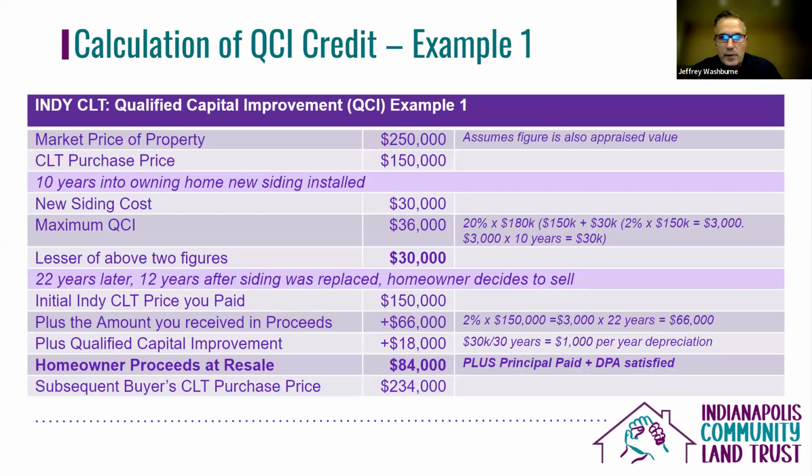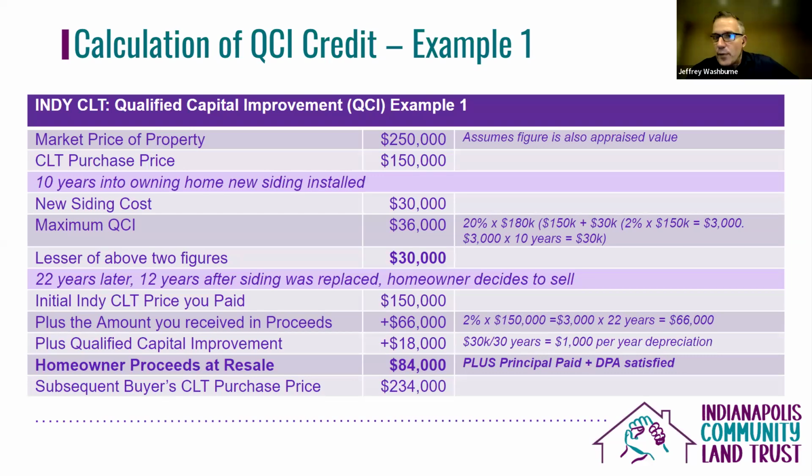And so I'm just going to run through a couple real quick examples of how this qualified capital improvement would work. There's a whole bunch of qualified capital improvements that homeowners could make, but for the example here, we're going to use the same example that I used in the resale formula example, where we have a home that's worth $250,000.